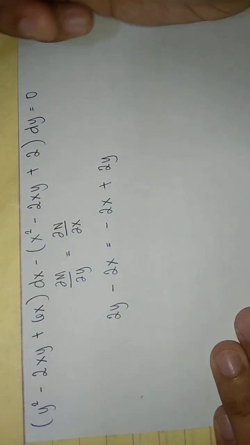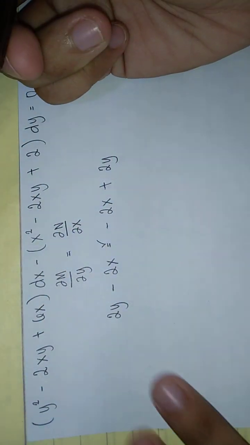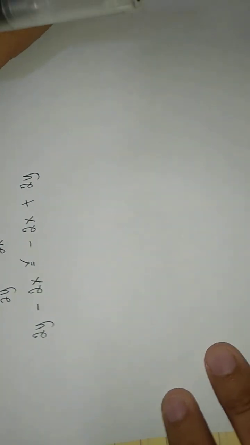So as you can see, both sides are equal. So this is an exact equation, and when it's exact, we can now proceed to the next step.